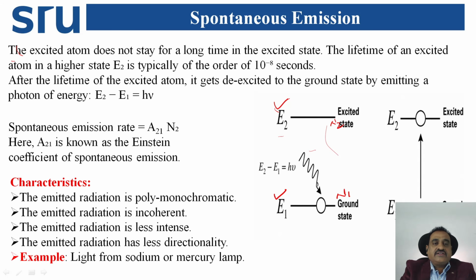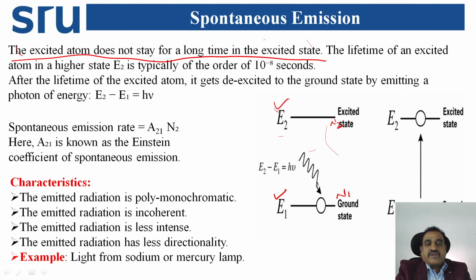The excited atom does not stay for a long time in the excited state. The lifetime of an excited atom in a higher energy state E2 is typically of the order of 10 to the power minus 8 seconds. In the excited state, the atom cannot stay a long time. It can stay up to 10 to the power minus 8 seconds only.